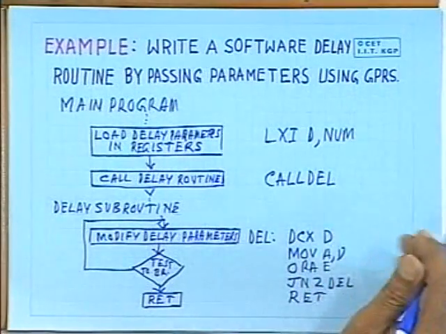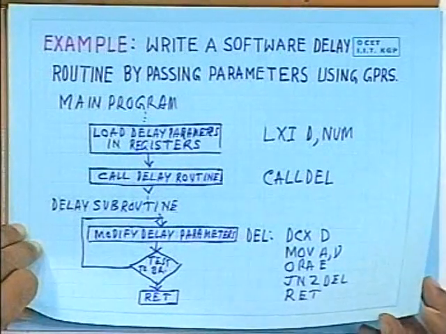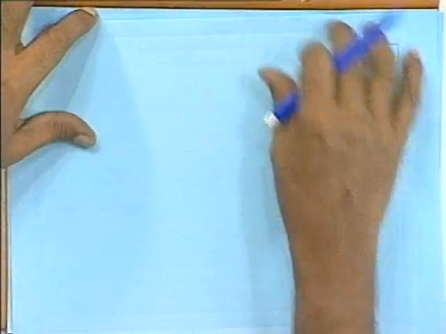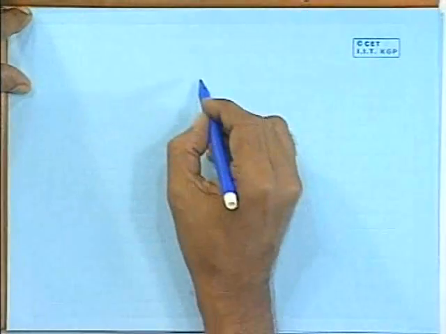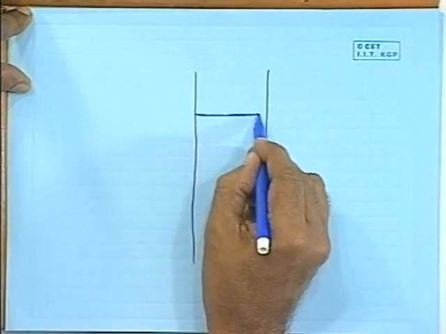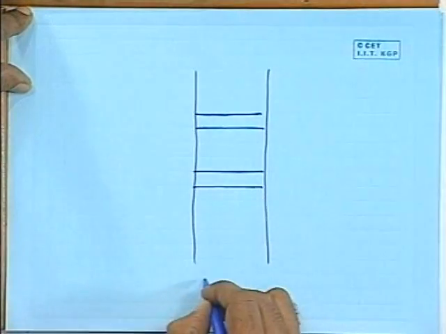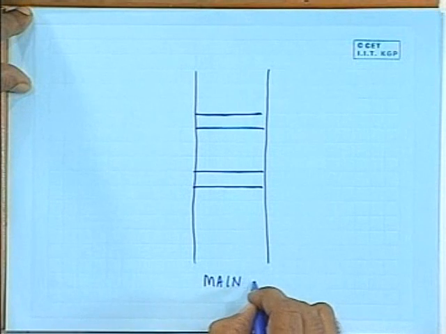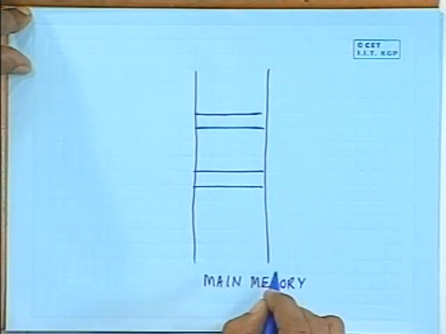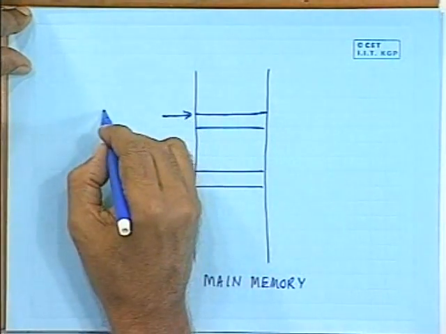So register pair plays a very important role in passing parameters. But whenever you are using memory, whenever the number of parameters is big, say suppose you have to pass an array of elements, a large number of data, which is in main memory, what you can do, you can initialize a register pair.